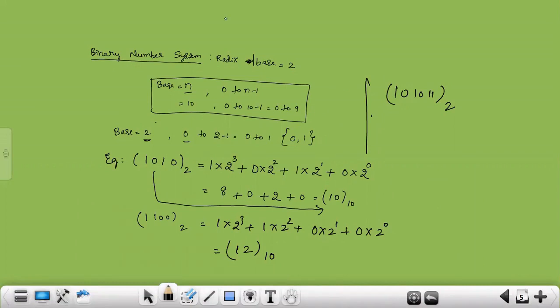I'll be checking over there. 43. So it should be 1 plus 2 plus 8 plus 32. 32, 8, 2, 1. So how much? 43, you are getting? Correct.